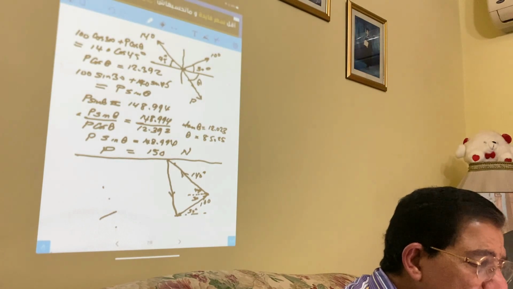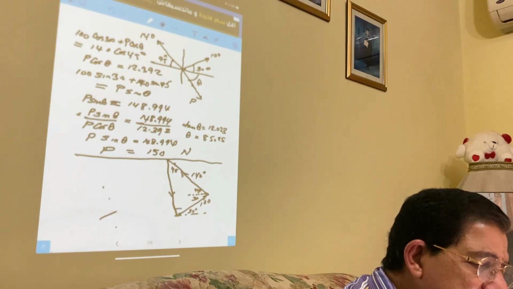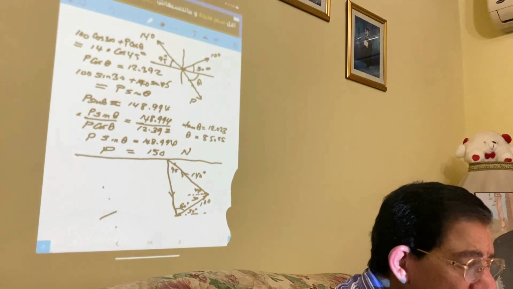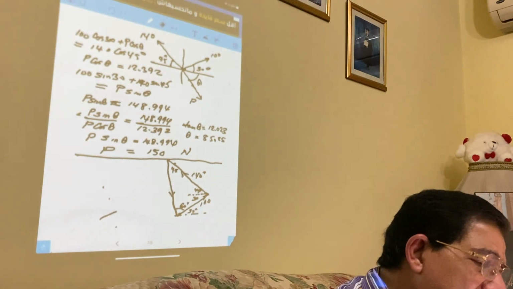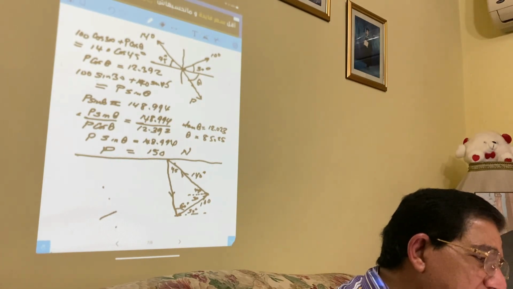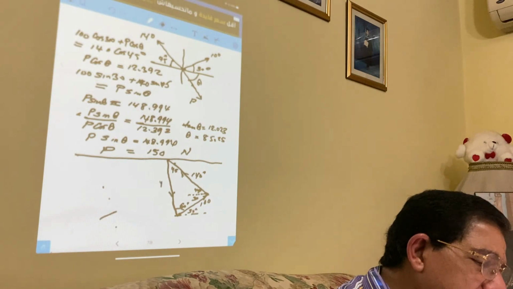If this angle is 45, this angle is 45. If this angle is 30, then this angle is 60. Right? Then now we have all the angles of the triangle and one side missing, force P.